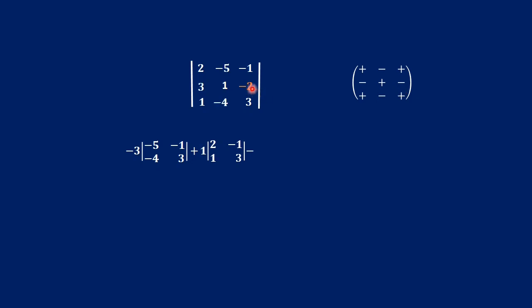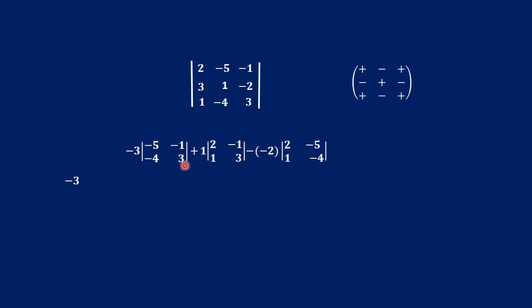We select the next number, delete the column, delete the row. So we have -2 multiplying the determinant of this 2 by 2 matrix.